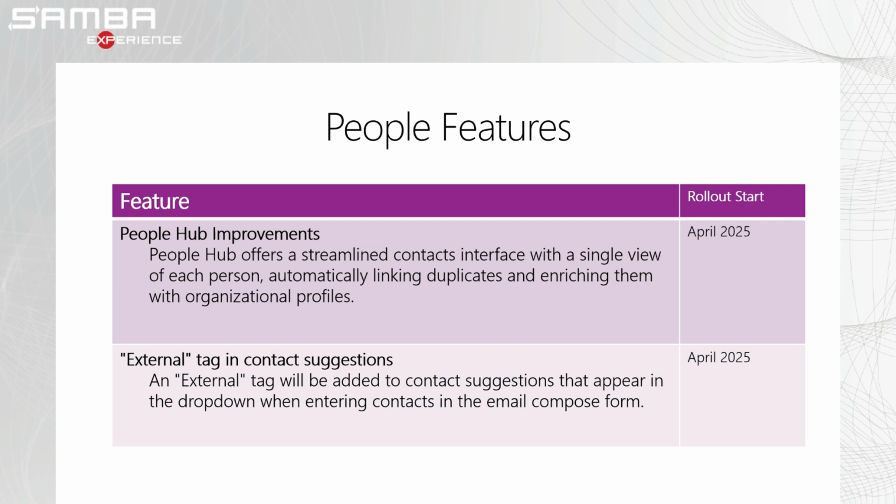Second is external tag and contact suggestions. This is a security feature. So when you compose email and you have this drop down list to choose your recipients, external people will be tagged with a special tag. This is rolling out in April as well.